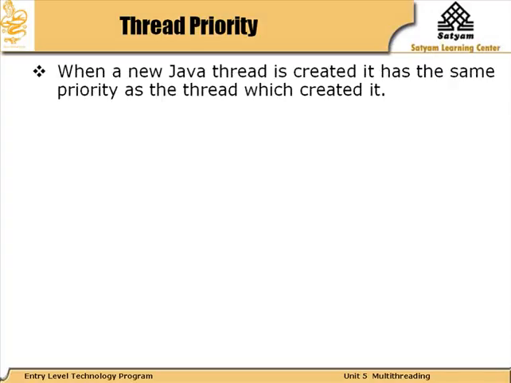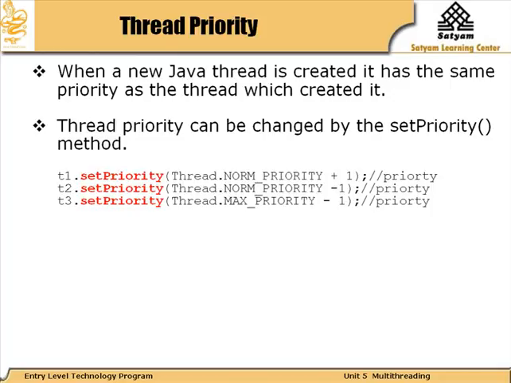When a new Java thread is created, it has the same priority as the thread which creates it. Thread priority can be changed by the setPriority method, as we have already seen in the previous example. Here are a couple more statements for your reference.